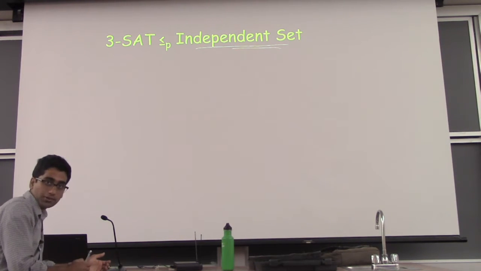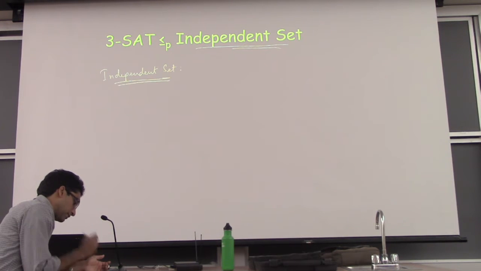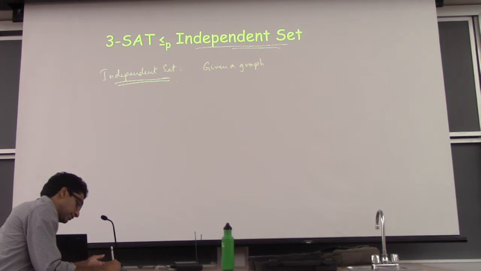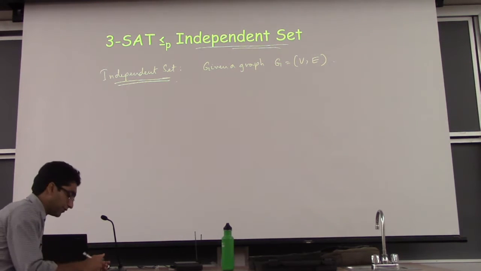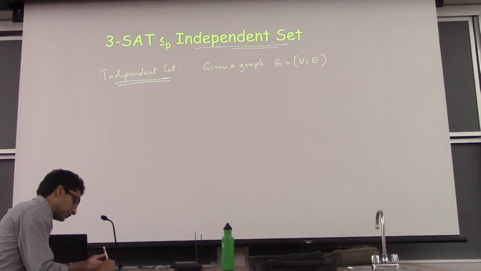This is a graph problem. You are given a graph. The graph is usually given with a set of vertices and some edges. So you have a bunch of nodes, and you have some edges between them.